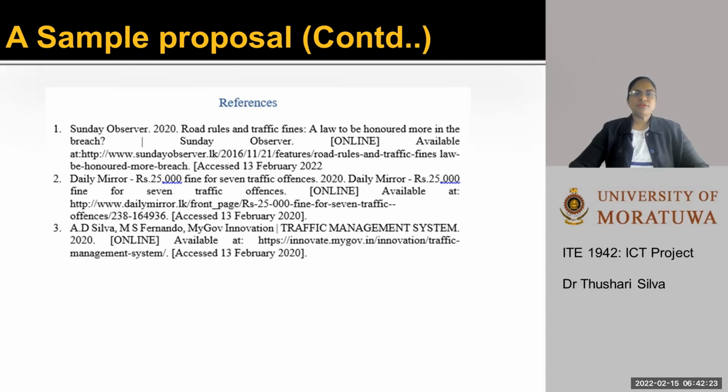And the Daily Mirror, and also you have other articles. Everything should be presented as 1, 2, 3, or you may follow some citing styles. You can type Sunday Observer 2020, or you can put number 1. So guidelines are to be followed.